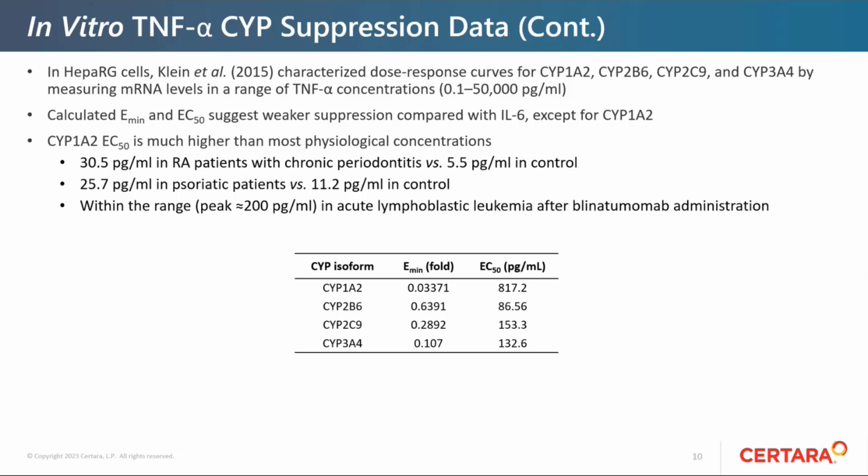And if you look at these numbers, it's suggesting weaker suppression for CYPs compared with IL-6, except for CYP1A2. But despite a stronger effect in CYP1A2 suppression compared to IL-6, it should be noted that these EC50 values were in excess of concentration compared to what's observed in patients with immunologic diseases.